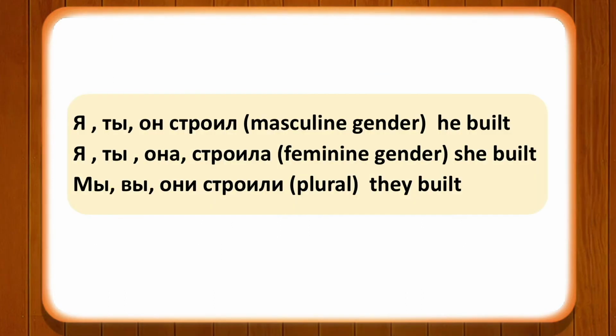And the conjugation in past is yati on stroil for masculine gender, I, you or he built. And in feminine gender, yati ana stroila, I, you or she built. Mi vi ani stroili in plural: we built, you built, they built.